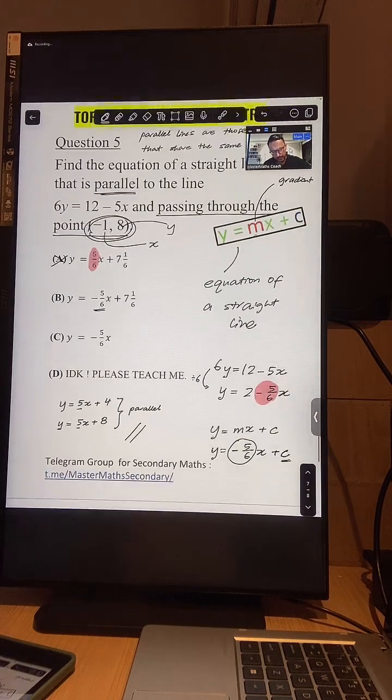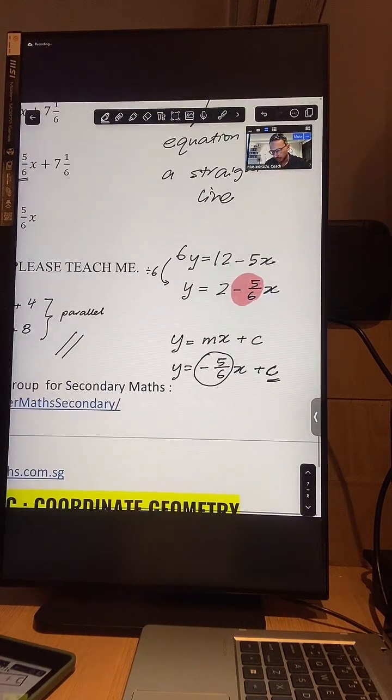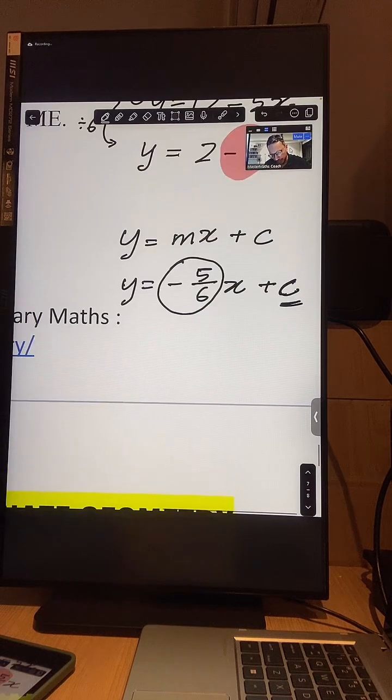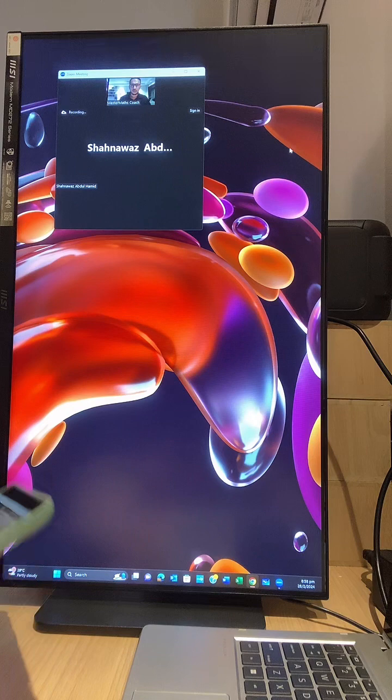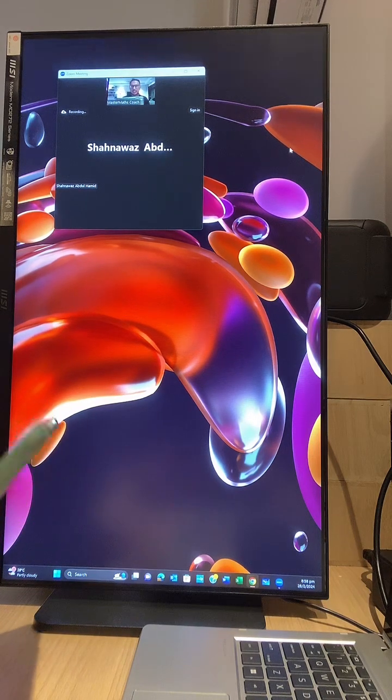So let's see here. y is 8, right? So 8 equals to negative 5 over 6. Is it 1 or negative 1? It's negative 1. What happened? Oh no. Sorry guys, slight technical error.